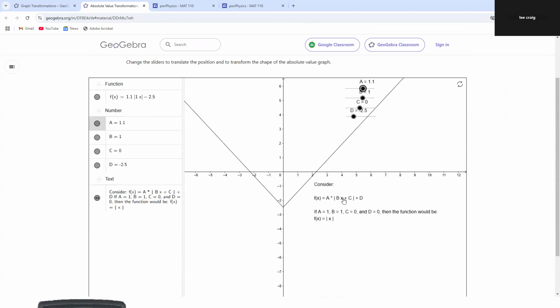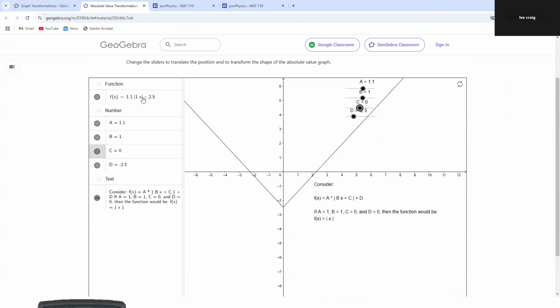And like you see right there, C is that horizontal shift. So when I drag C right there, you can see I can slide the whole thing left. I can slide it right. Let's put it back in the middle right there. So in the function itself, there is no plus 3, minus 2.